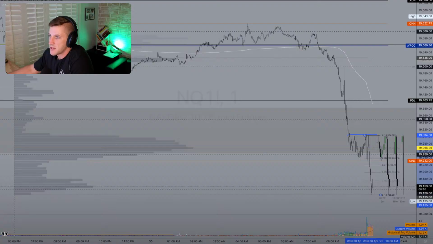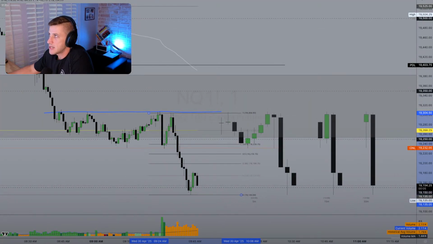Taking a look at the profile here, we do have a high volume node starting to build. See how that looks into 10 a.m.